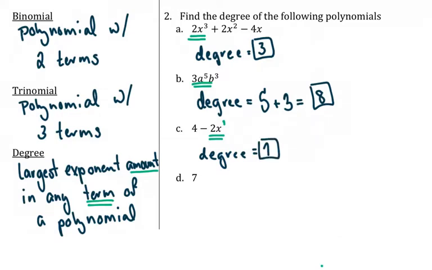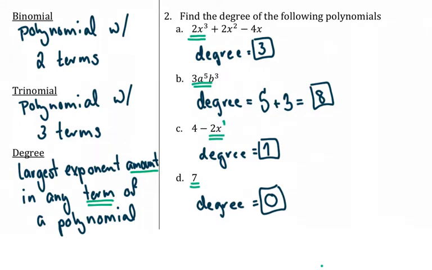Our last one, we've got our fun little monomial 7 again. And we can write the degree, but you'll notice that there's no exponent at all because there's no variable. And so we can say, all right, well, this is still a polynomial, but its degree is 0. There's no exponent.